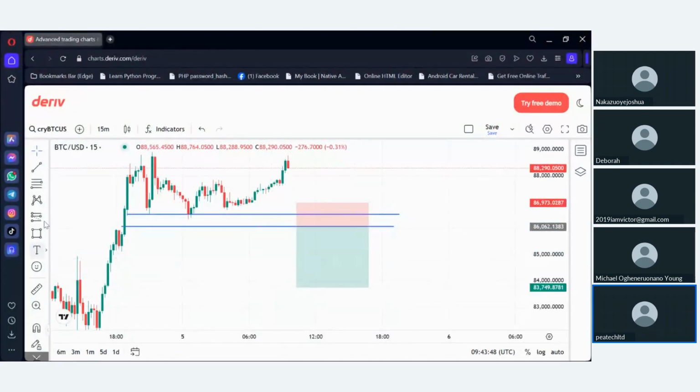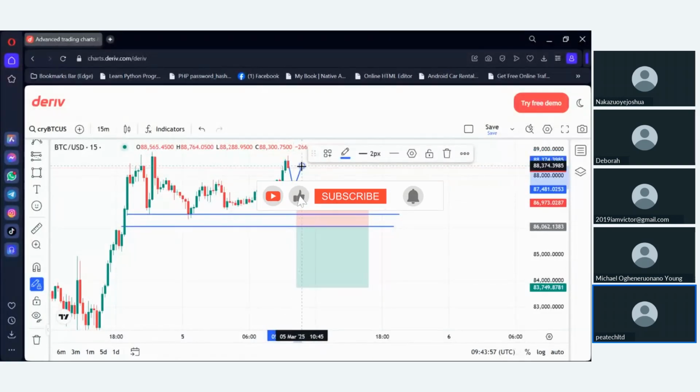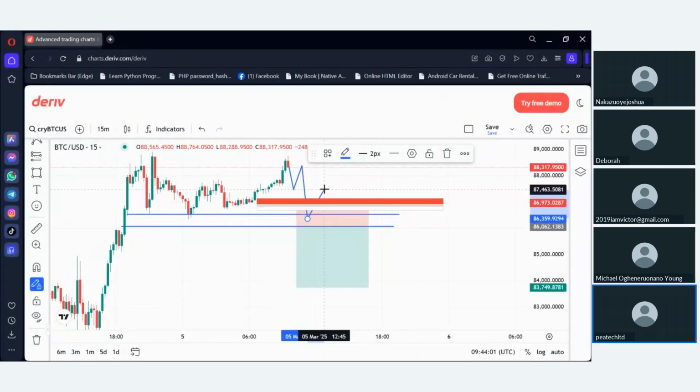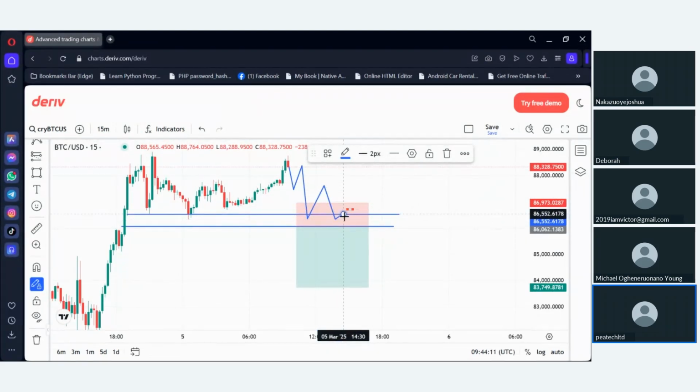So now what will happen is this. When this market comes down, as it keeps coming down, it will come like this. If it does not break this line and continues going up, you have not lost anything. But if it should come and maybe move like this and then enter, at this point, your trade has been activated because it has entered your entry point.